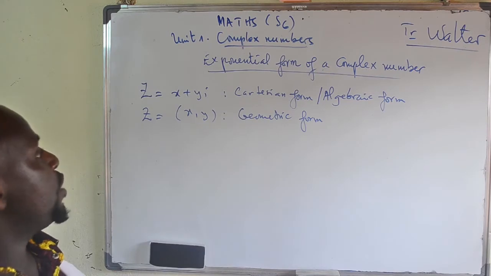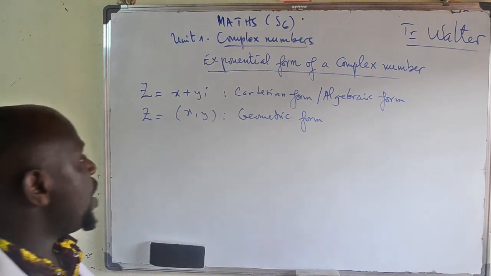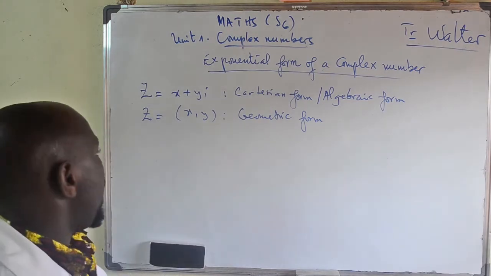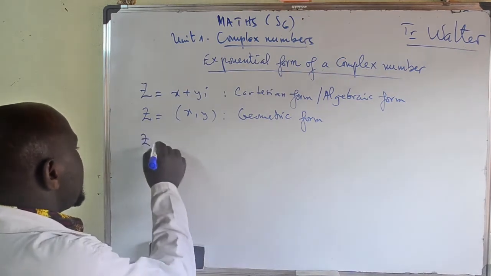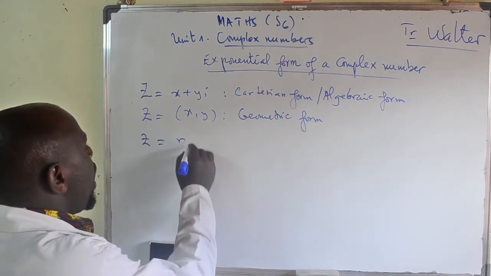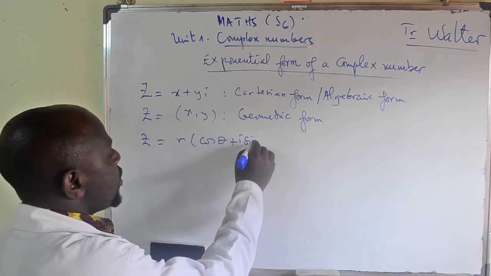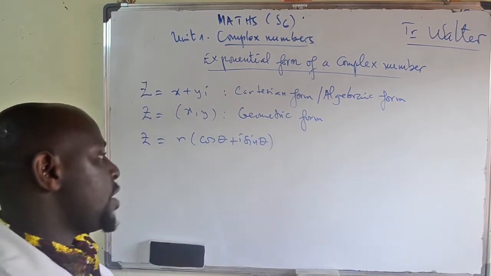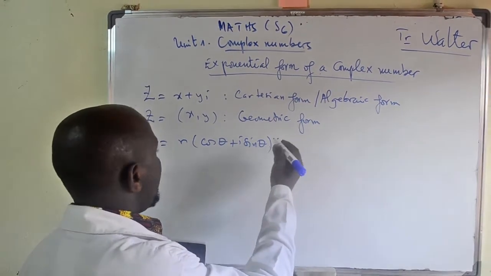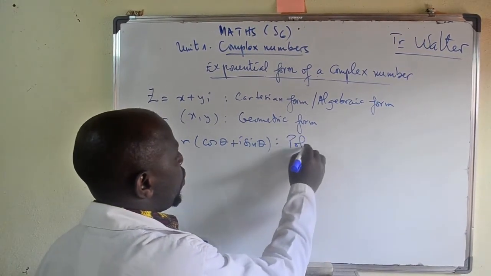Later on, after the geometric form, we have seen another form, which is z equal to r(cos theta plus i sin theta). This is the polar form.